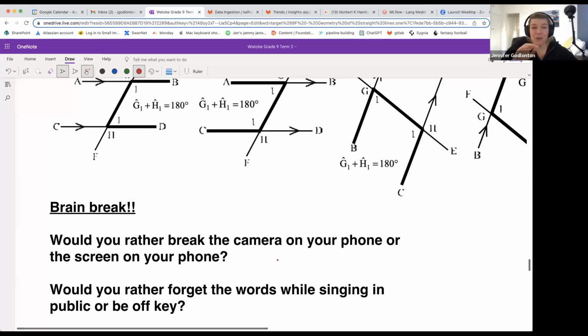But that means you'd be off key for the whole song, hey? I don't mind as long as I can sing, then that's okay. Okay. So we've got some forget the words, some off key. I think I'd prefer to forget the words. I don't know why though.